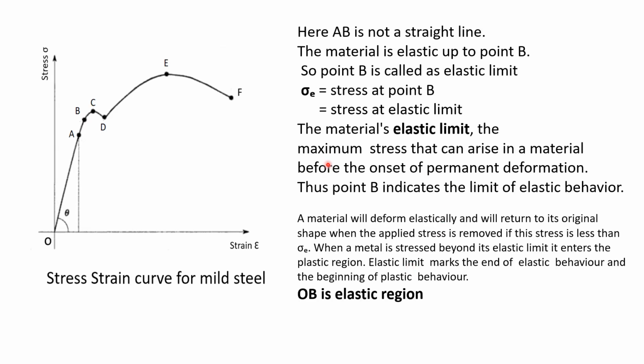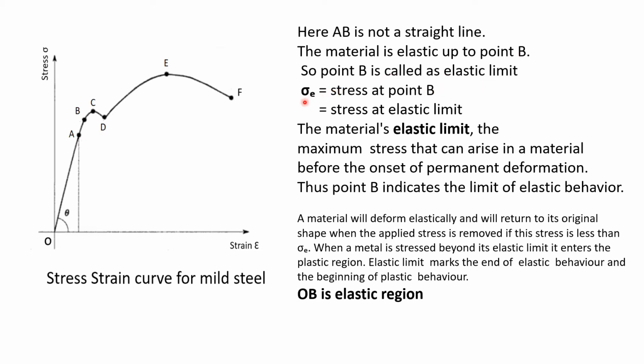Now if the load is further increased, the stress is increased, then from A it goes to point B. Now AB is not a straight line and the material is elastic up to point B. So the point B is called the elastic limit.